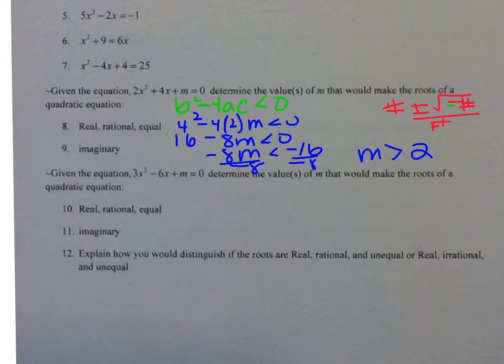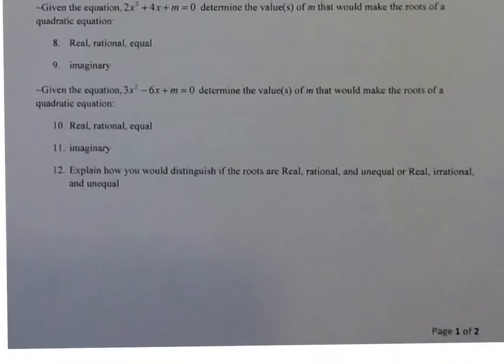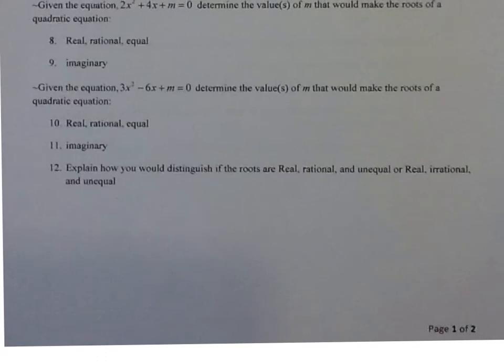All right, let's take a look at 10. Same thing, going to be doing the same thing, but now I'm going to use a different equation to practice. Given the equation 3x squared minus 6x plus m equals 0, determine the value or values of m that will make the roots of the quadratic equation. We're looking for real rational equal. So remember, real rational equal, your discriminant, b squared minus 4ac, has to be equal to 0.